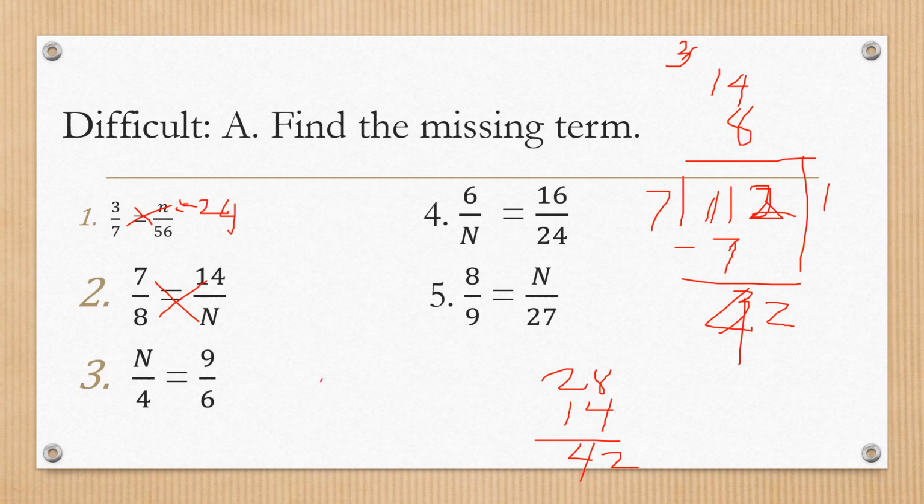Okay, so we got 6. So 42, we got 0. The answer is 16. Okay, so 16 times 7 is 112. Correct.